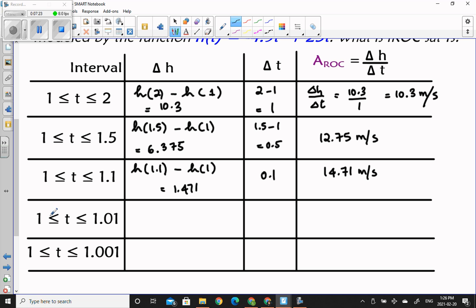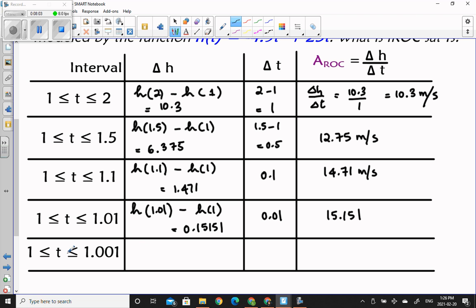Now we're getting even closer and finding the AROC between 1 second and 1.01 seconds. The change in height is H at 1.01 minus H at 1, which works out to 0.15151, and the change in time is 0.01, and delta H over delta T is 15.151.